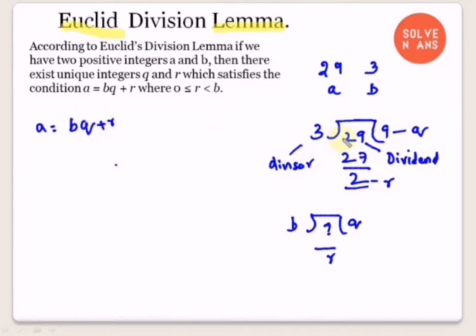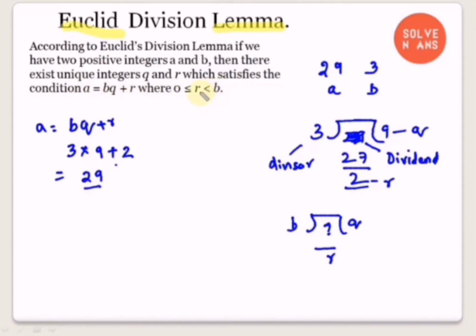For example, you see this sum over here. Suppose you don't know what the dividend is here. How will you find it out? You know the divisor 3, you multiply it with the quotient and then add the remainder. You will get the answer. So this is the way you can find out the dividend. Basically this is the meaning of the statement here.